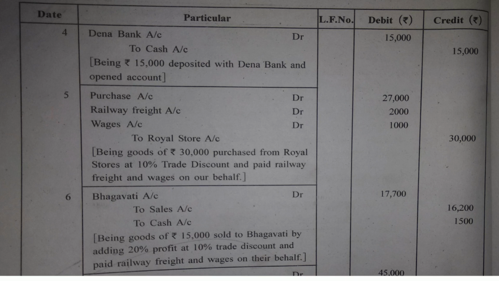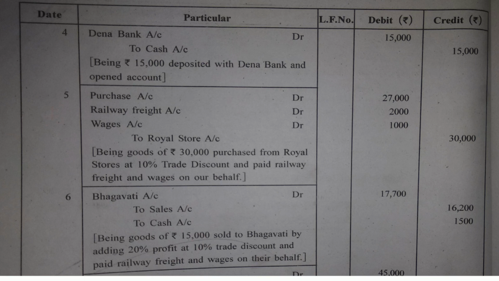Purchase account debit 27,000. Goods of rupees 27,000 has been purchased from Royal Traders, which is 30,000 minus 3,000. 3,000 is the 10% trade discount that Royal Store has given. Further, railway freight account debit 200.